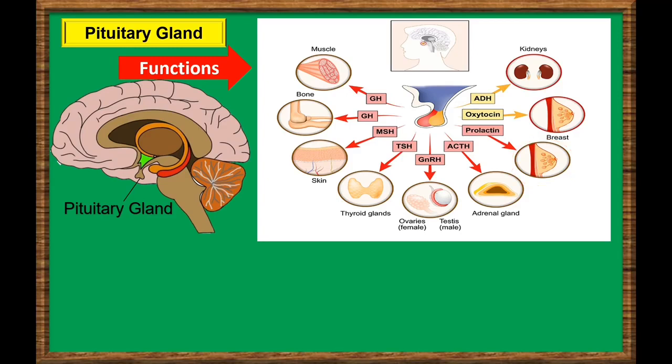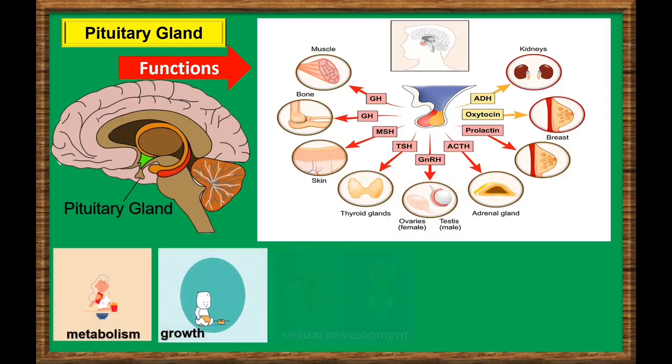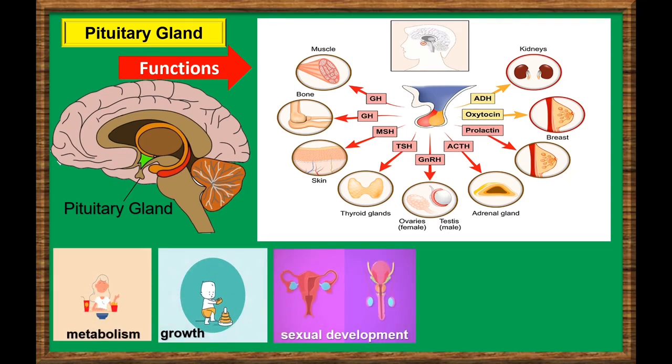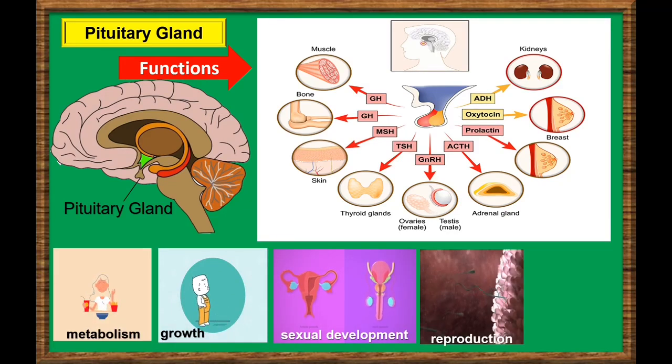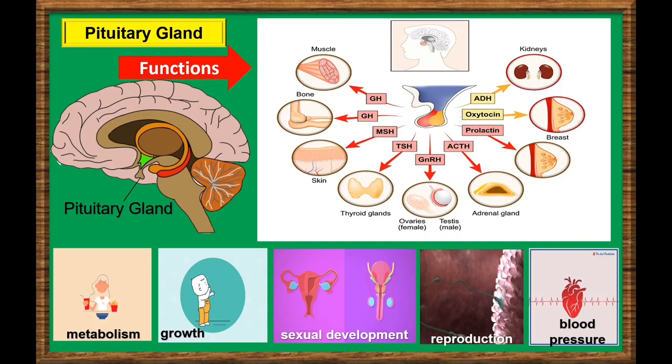The pituitary gland also secretes hormones that act on the adrenal glands, thyroid gland, ovaries and testes, which in turn produce other hormones. Through secretion of its hormones, the pituitary gland controls metabolism, growth, sexual maturation or development, reproduction, blood pressure, and many other vital physical functions and processes.